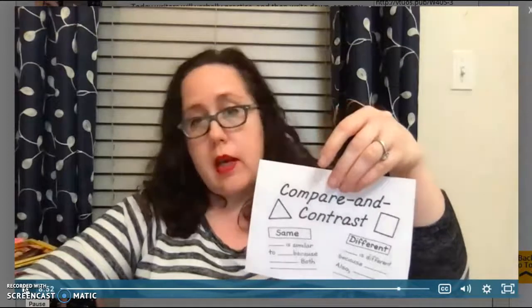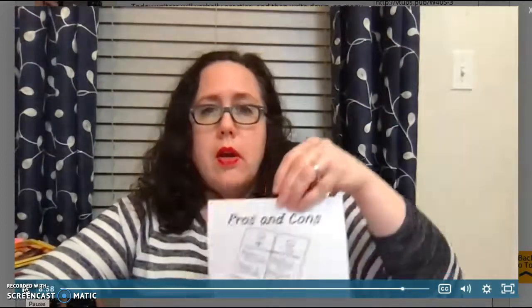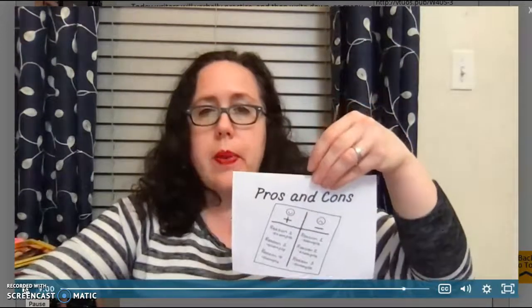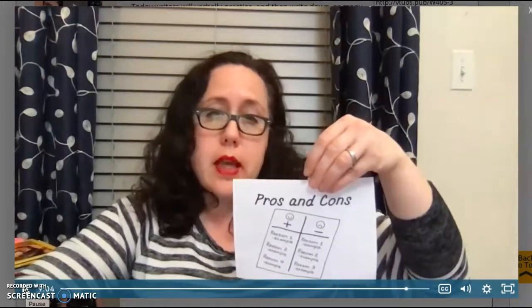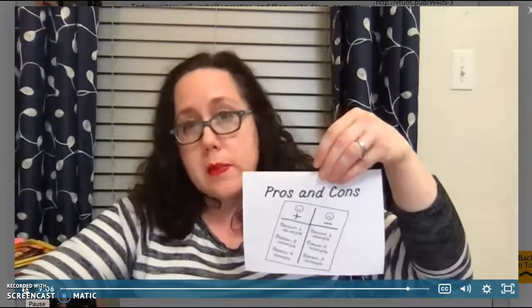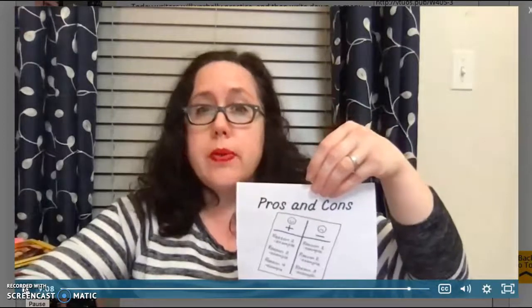For me, it was cockroaches and mice. And then you might think about pros and cons. What are the positives and negatives of your topic, or of some aspect of your topic? In my case, what are the pros and cons of getting rid of cockroaches?